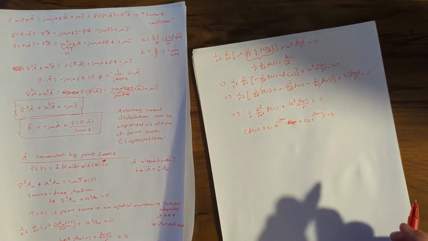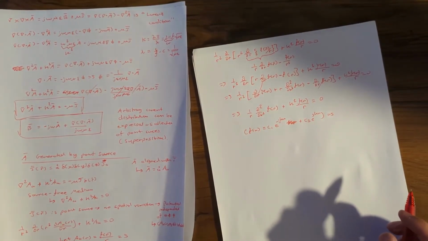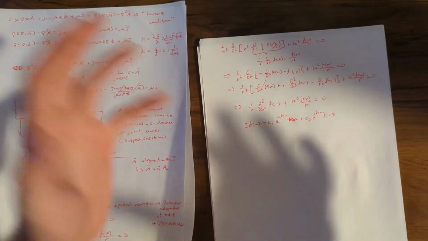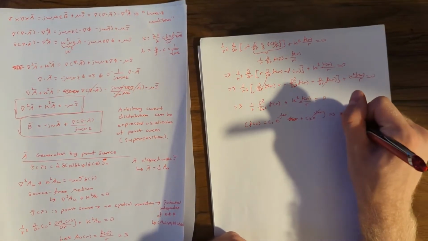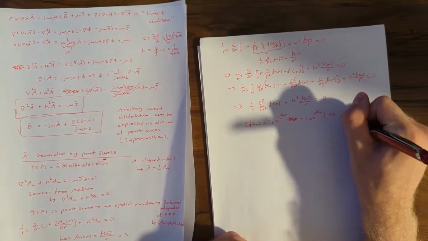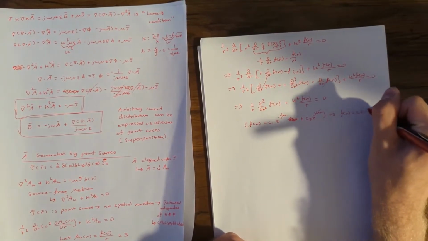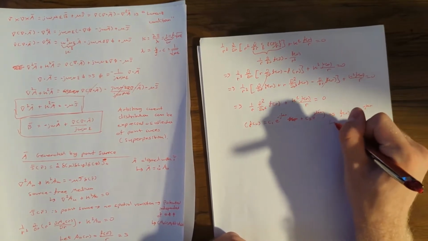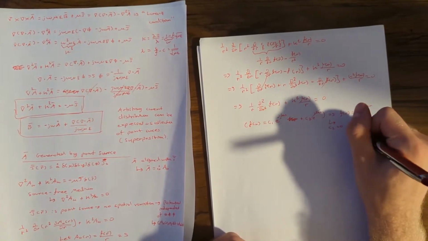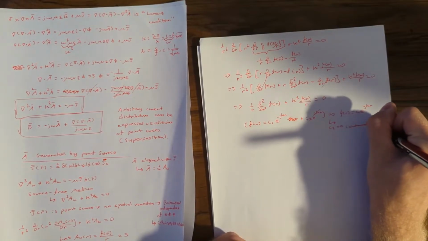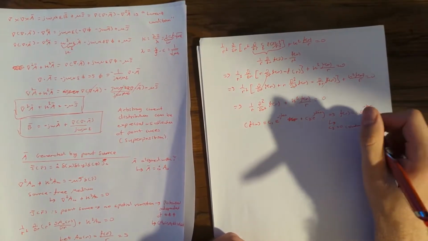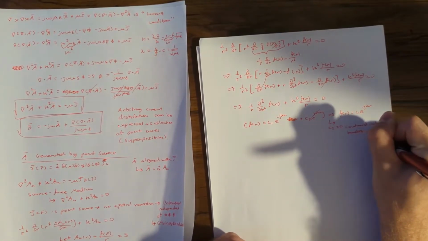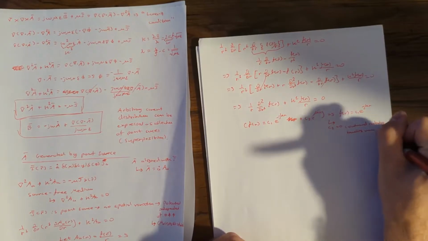Now, we know that our point source radiates outward, right? So we're only focused on the wave traveling in the outward direction, therefore we cancel this out, so f of r will only be equal to c1 e to the negative jkr. This is because c2 equals 0 for an outward radiating traveling wave from a point source.